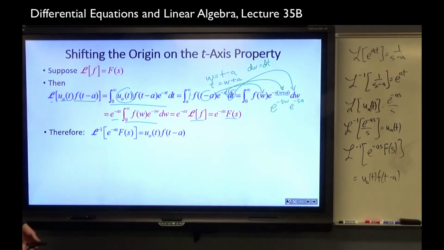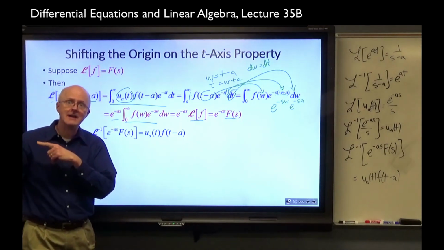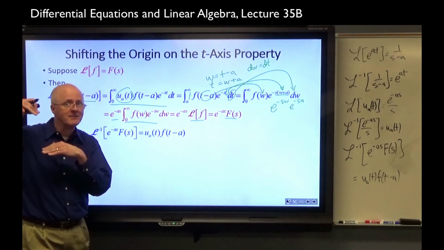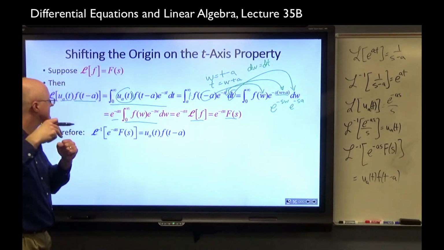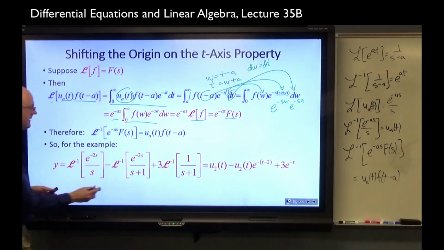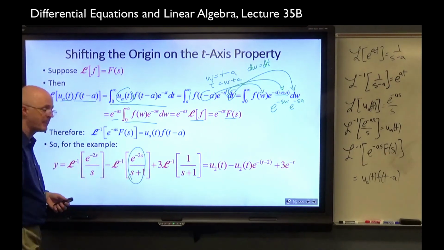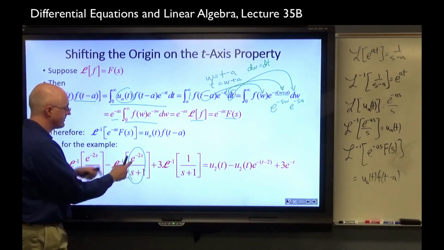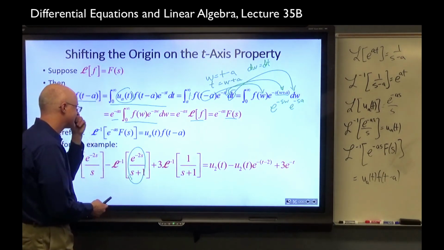There it is. And hey, in the previous slide we had something over s plus 1. The something on the top involved e to some power of s. We're going to use that now, right here. The a is 2. For this here, it's a little confusing.